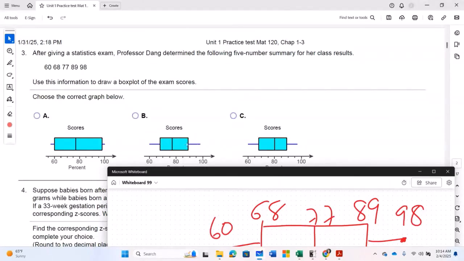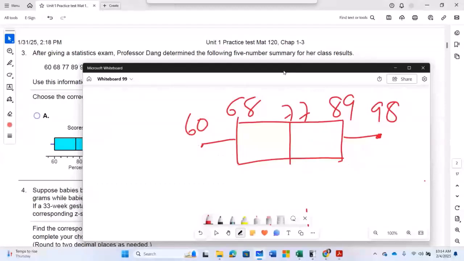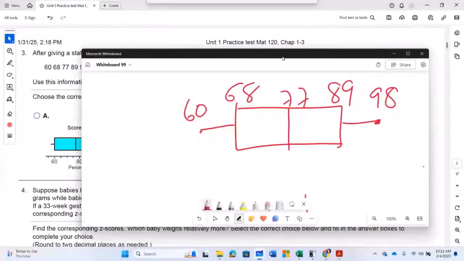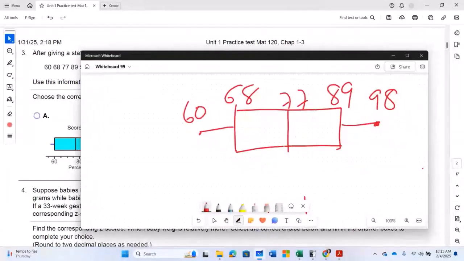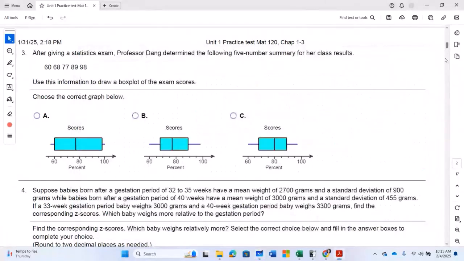It's not this box plot because it's actually more. I think the actual box plot should be A. But I advise you, if you don't really understand the box plot, draw your own box plot. You draw your own box plot.